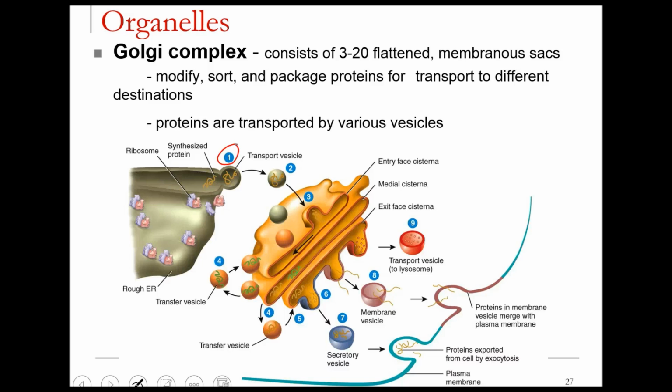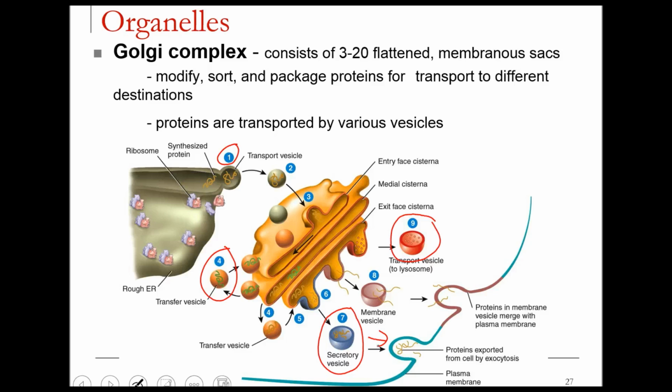Proteins are transported then out of the other side of the Golgi complex by various types of vesicles. For example, if you're only transferring vesicles from one area of the cell to another, we call them transfer vesicles. If you are transporting them to another organelle entirely, like to a lysosome, as in 9, we call them transport vesicles. If, as in number 7, you're producing something that will be secreted out of the cell, we call those secretory vesicles.